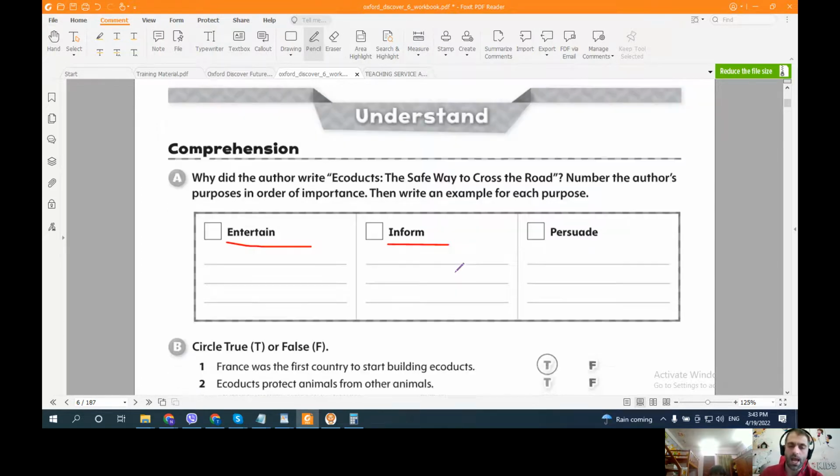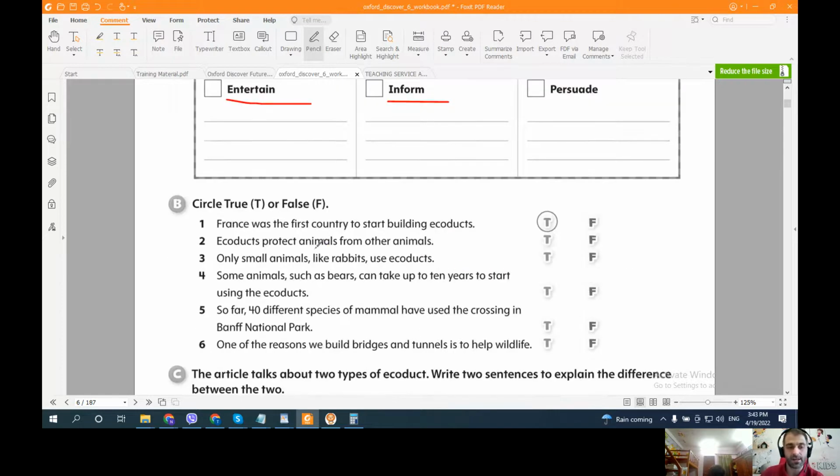Okay, and now let's see. We have here circle true or false. Okay, now can you please? Number one: France was the first country to start building aqueducts. True. Number two: Aqueducts protect animals from other animals. And you go to the paragraph.